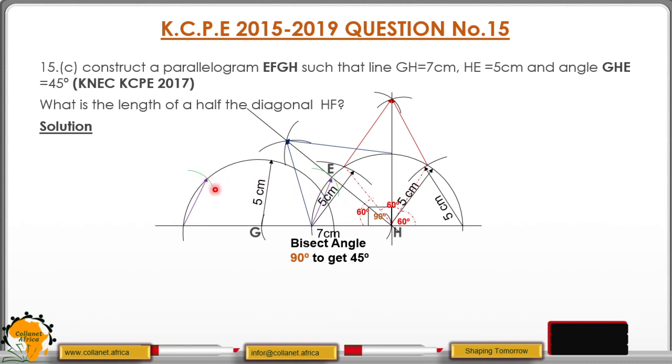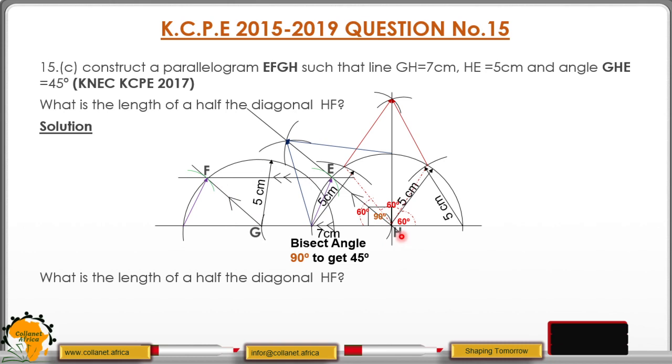So you make that curve. After you have done that, then you proceed to put a point there. So you stand at this point and then you draw a line. After you have done that, then put your point F there and then draw the parallel lines. So that one is parallel to that one, and then this one is parallel to that. So we have made our parallelogram EFGH.